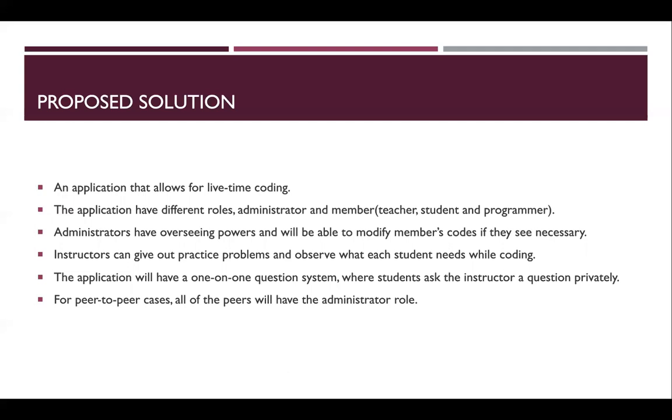The members could be a teacher, student, or programmer. The administrator has the power to oversee all of the work going on in the system. And as an instructor, he can create courses, make teams, invite students to a specific course, or do live coding with the students.